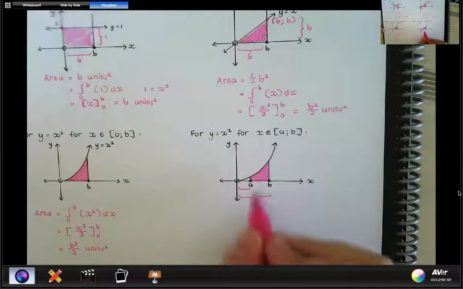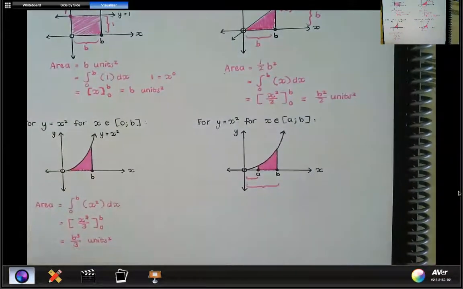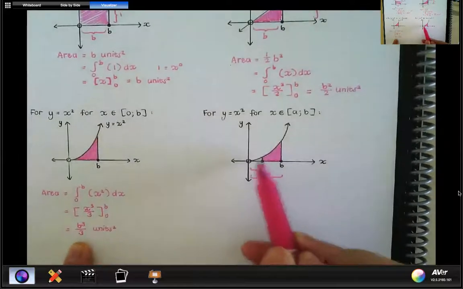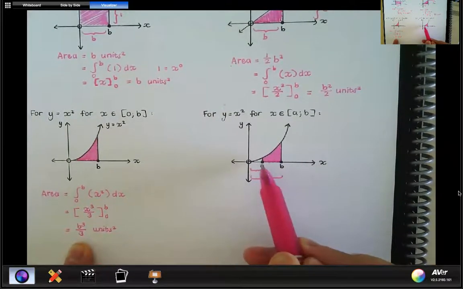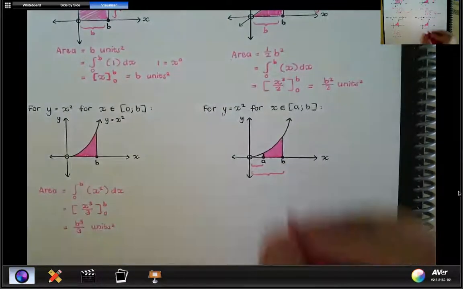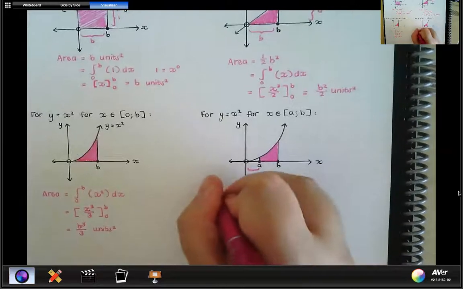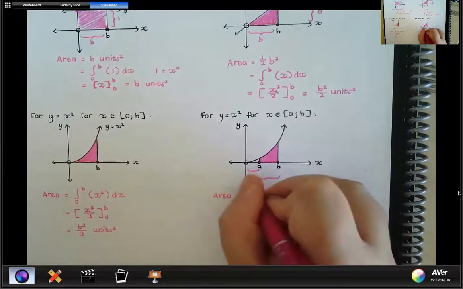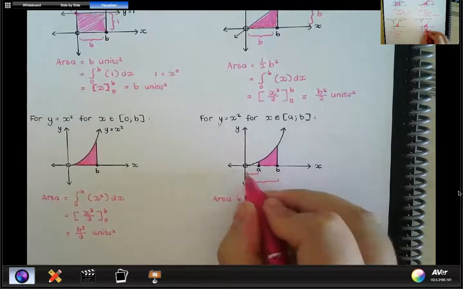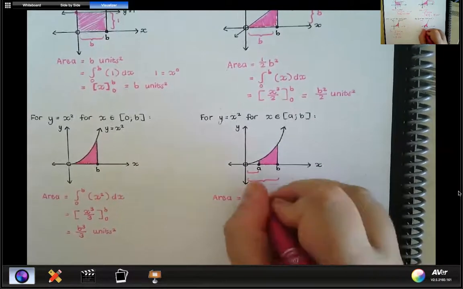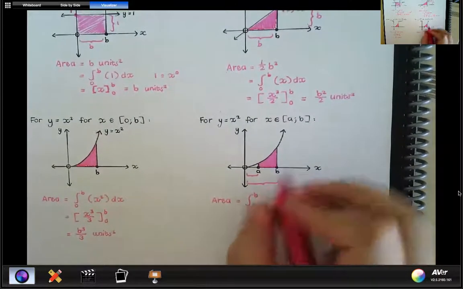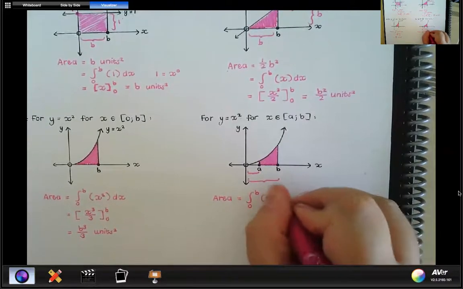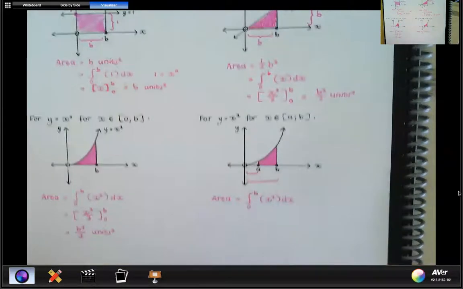Okay, so the area from 0 to b is this, b cubed over 3. And then we're going to minus the area from 0 to a, which is going to be a cubed over 3. So we're going to say the shaded area in this case is going to be the total area from 0 to b of, what is this function again? x squared dx.